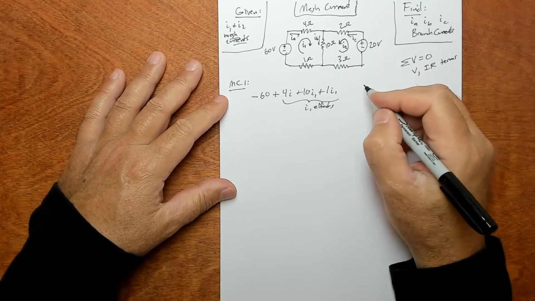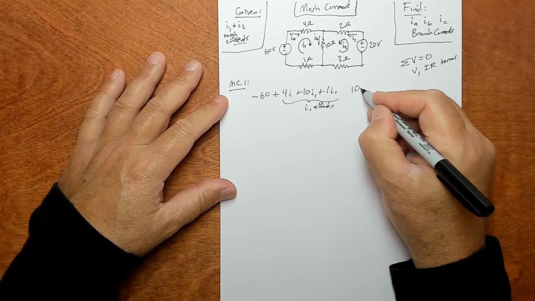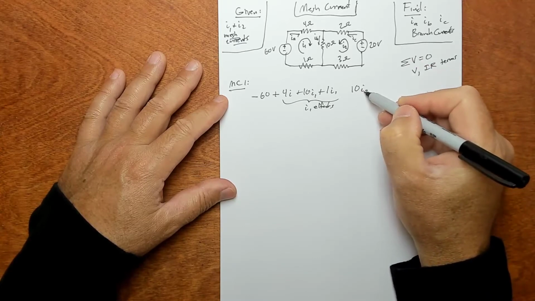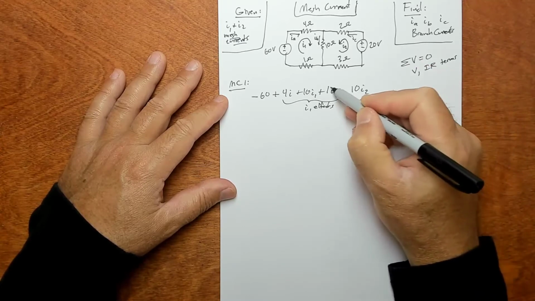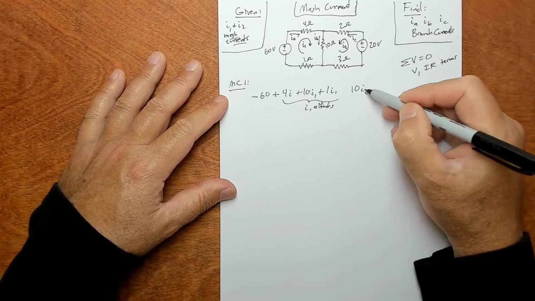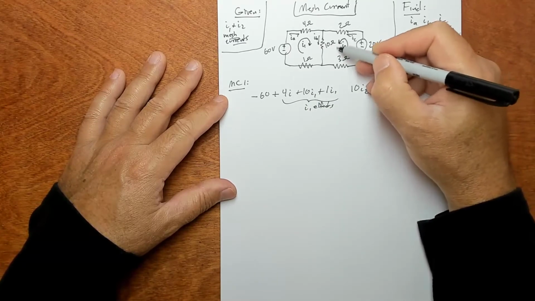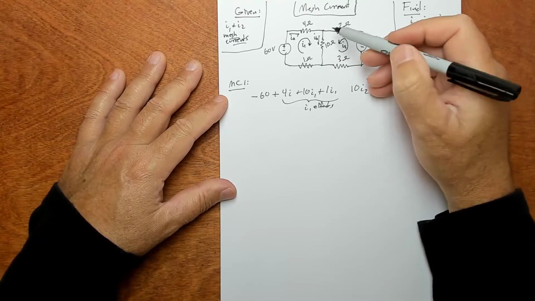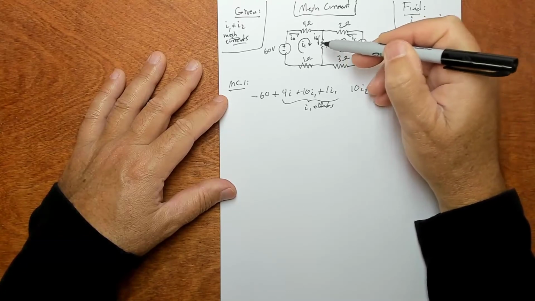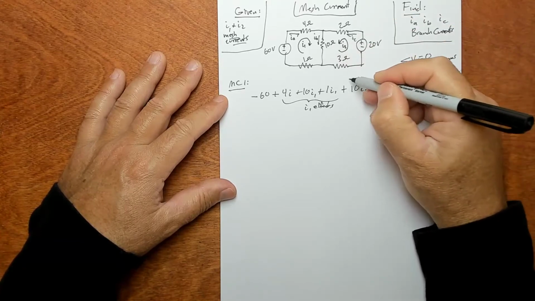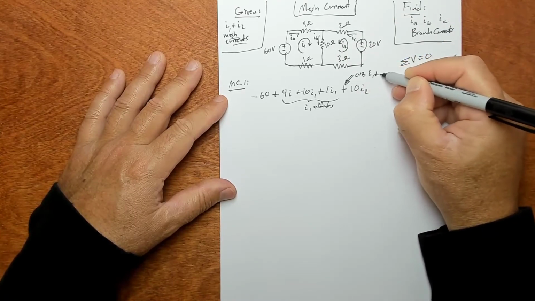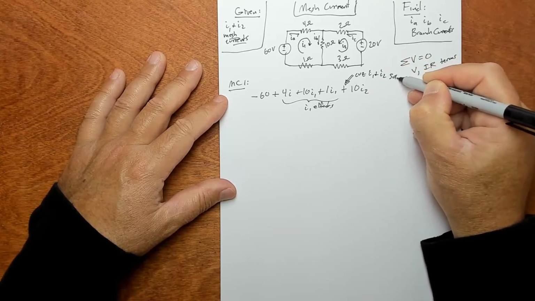Okay, so there's going to be 10I2 voltage. This is IR, so this is a voltage. All of these are voltages, but this voltage term is due to the I2 mesh current, and these two are going in the same direction. So this is a positive sign. So this is positive because I1 and I2 are the same direction.